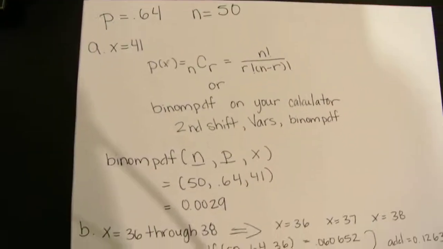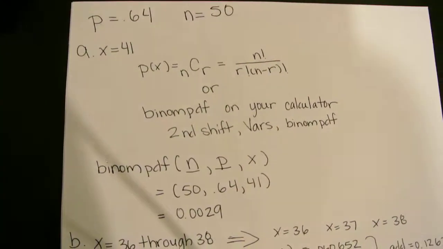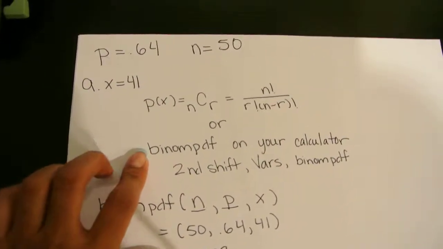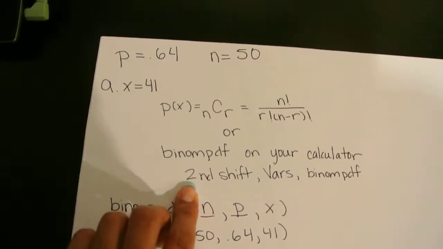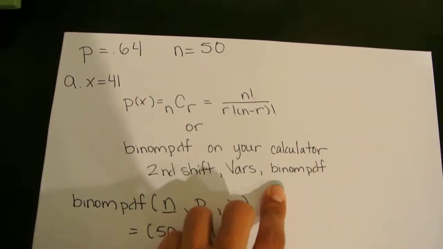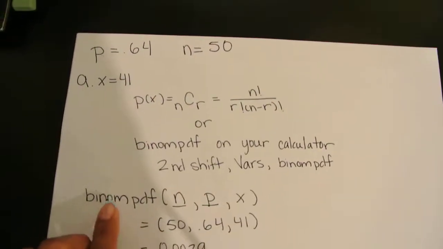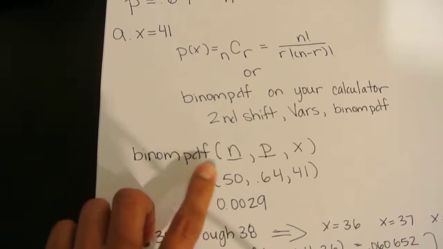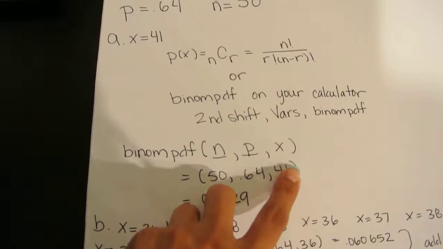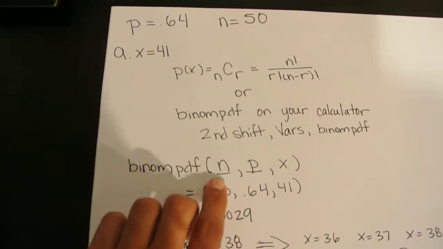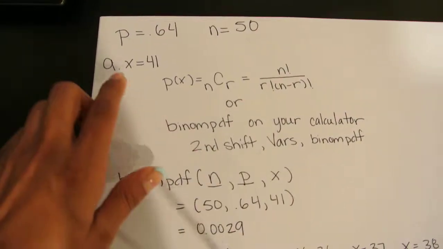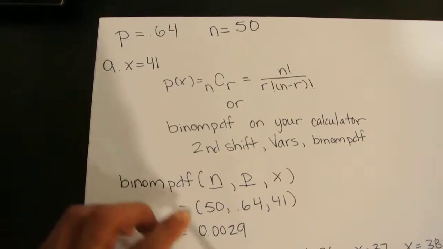So instead, I'm just going to walk you through how to find that on your calculator, and you're going to want to go to Binom PDF, which is accomplished by hitting second VARS and scrolling all the way down to Binom PDF. And then you're going to want to type in your values in this way here, which is your n, your sample space, your p, your probability, and your x, what they're asking you for, which here is 41.